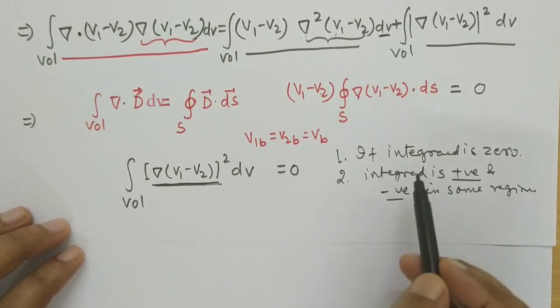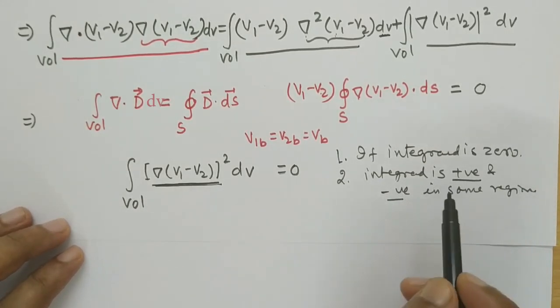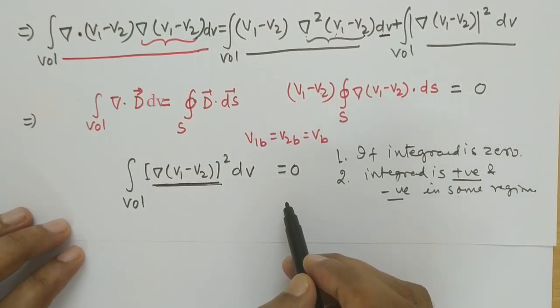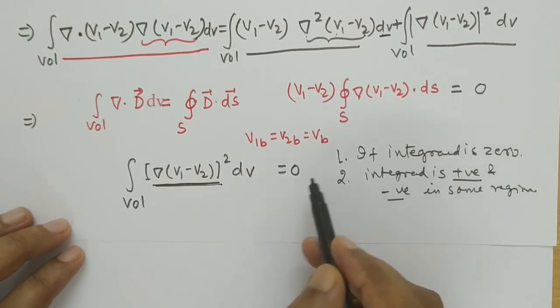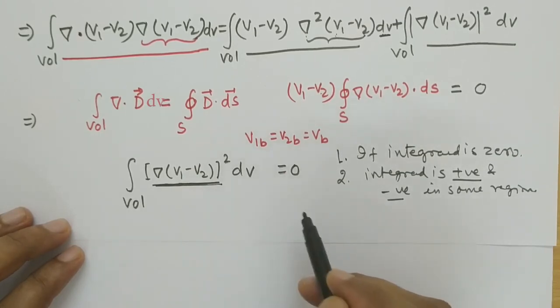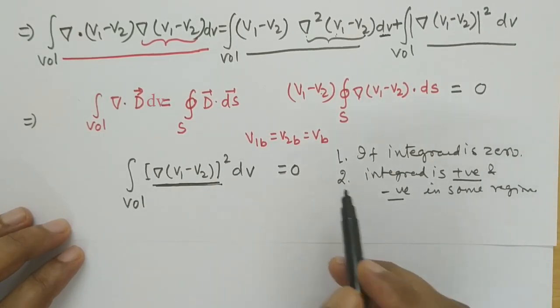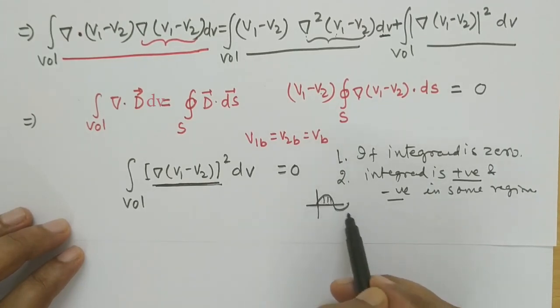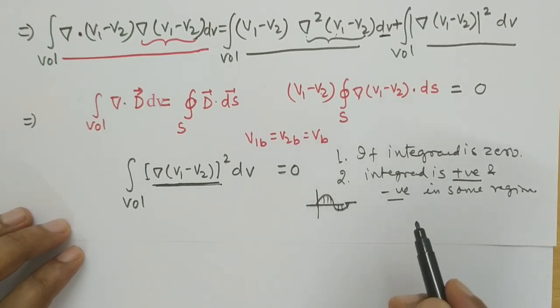For example, if you take sine x function and integrate it from 0 to pi, sine function is positive. From pi to 2 pi, it is negative. So overall integration from 0 to 2 pi is 0 only if it is having some region positive, some region negative.